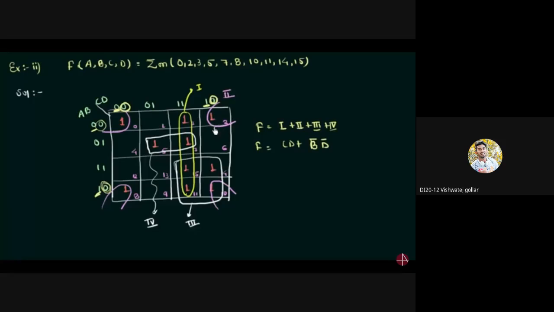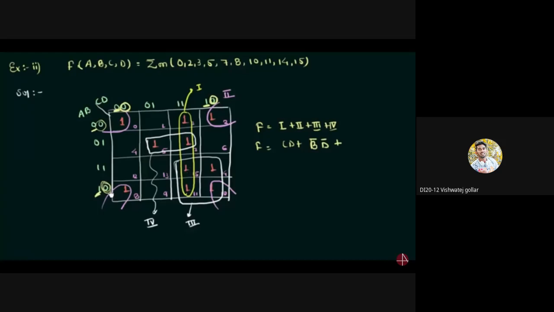In this also we combine 4 ones, so we reduced the 2 literals, that is A and C. Now we will move to the third group of ones, which also contains 4 ones. In this also we will reduce 2 variables, and let's see what these variables are.